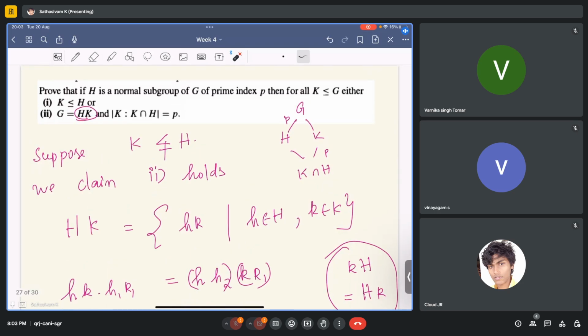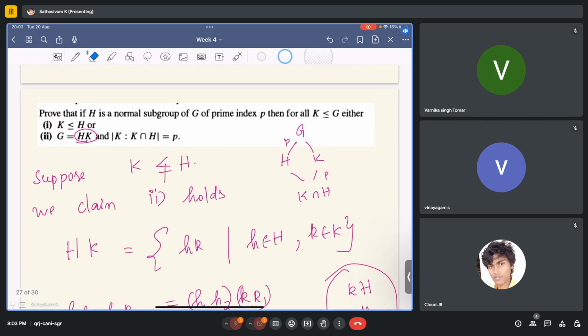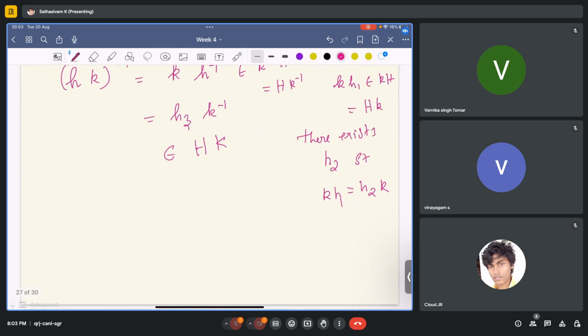So the subgroup is known, but we are going to say this is equal to G, and we are going to prove that this index is p. Let's change this diagram a little bit. You have G here and you have HK here. What we are going to prove is that G and HK are the same. So let's try to prove it.